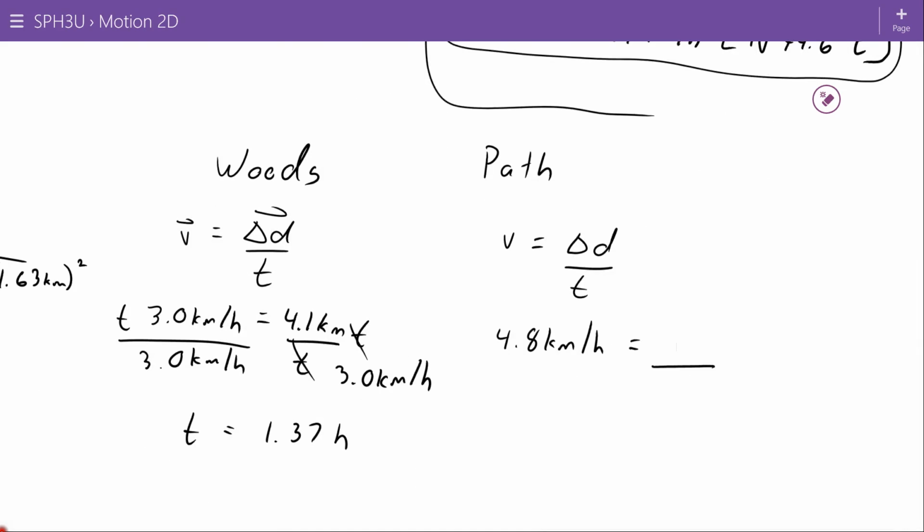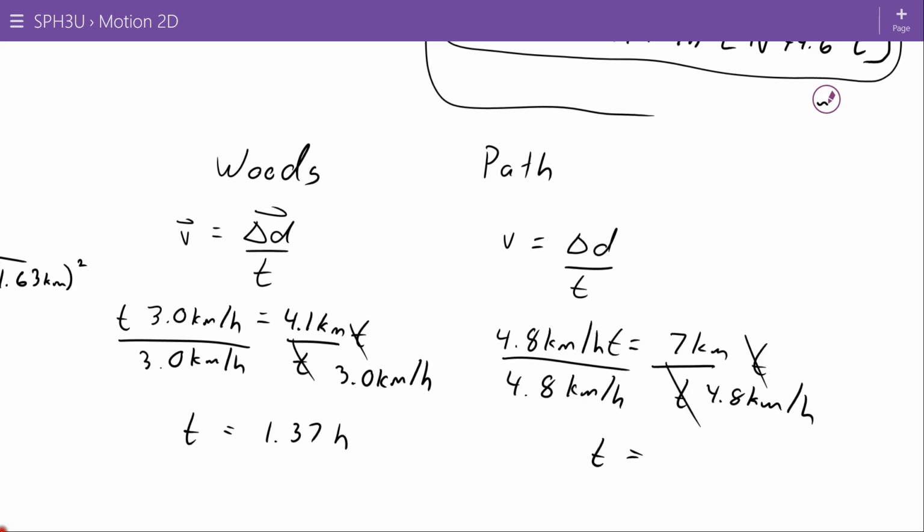My speed is 7 kilometers over t, so multiply both sides by t, divide both sides by 4.8, and t is equal to 1.46 hours. So what we can see is if we cut through the woods, it's going to take a little bit less time than taking the path.